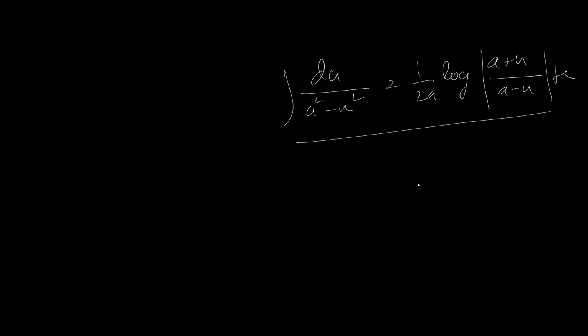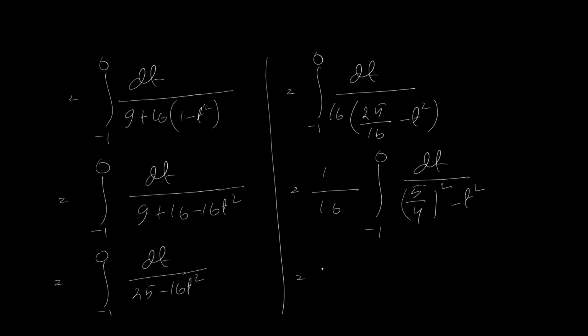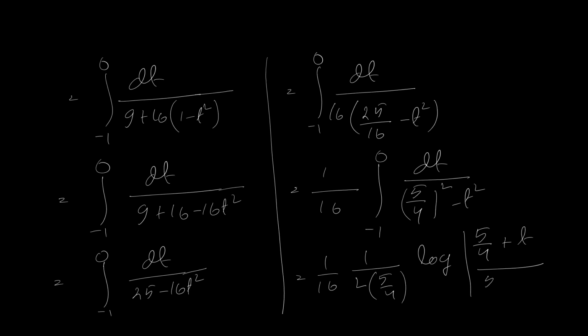So this is equal to 1 by 16, times 1 by twice a, which is 1 by 2 times 5 by 4, log of modulus (5 by 4 plus t) by (5 by 4 minus t), from minus 1 to 0. Okay, this is what I got.